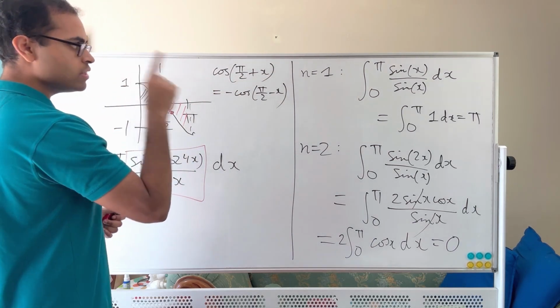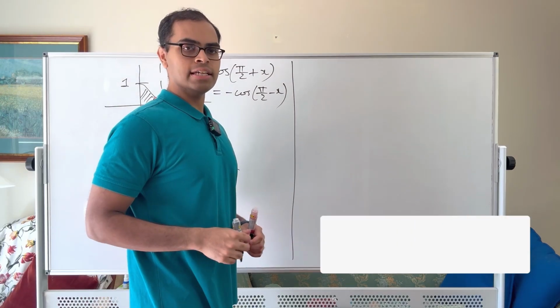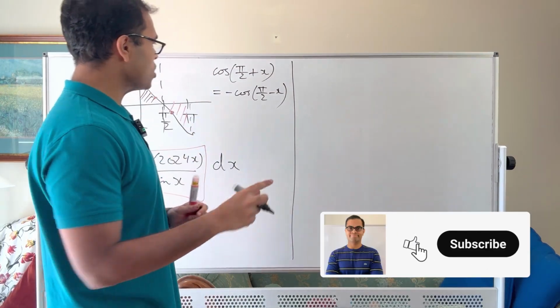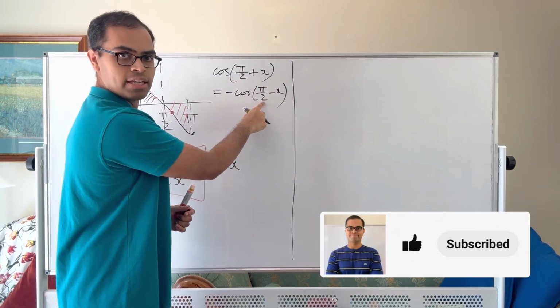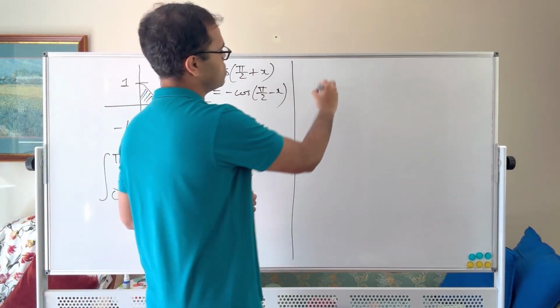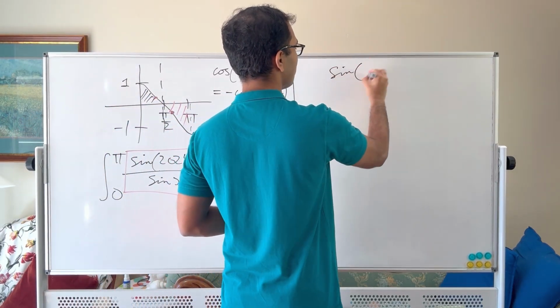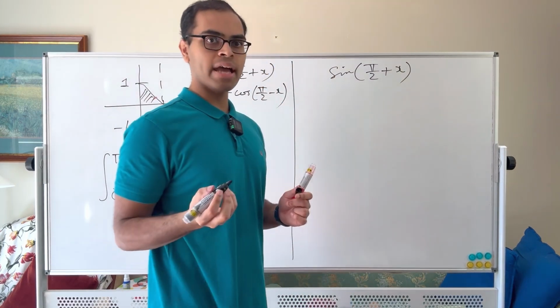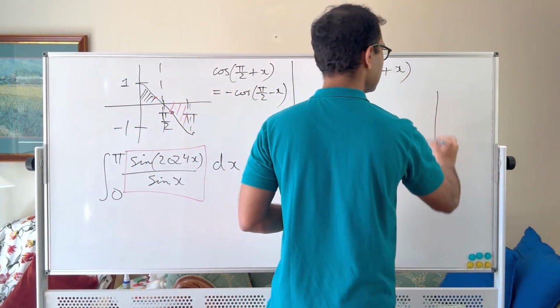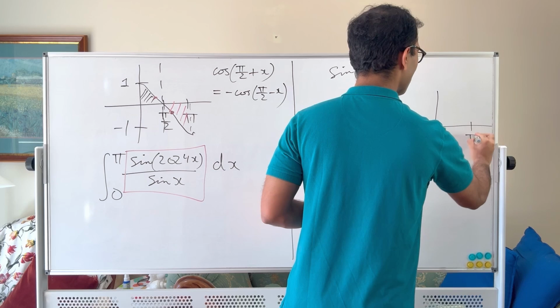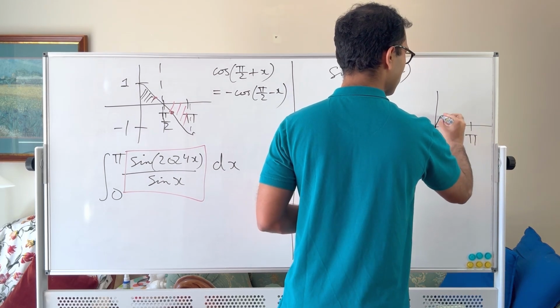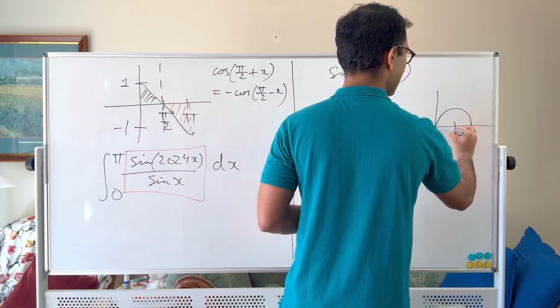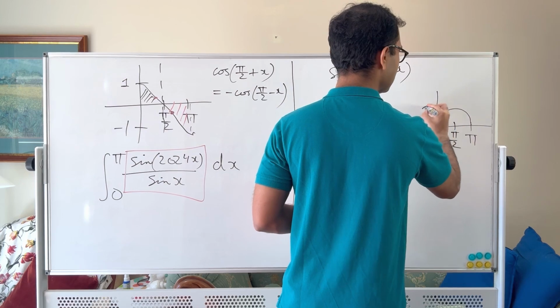So I'm going to do that on that side of the board now. Let's think about what happens when we look at the top and the bottom in terms of the symmetry around pi over 2. So let's look at sine of pi over 2 plus x versus sine of pi over 2 minus x. For here I find it helpful to draw the graph of sine. We know that the graph of sine starts at 0, it goes up and does something like this, and pi over 2 is where it reaches a peak, which is going to be 1.